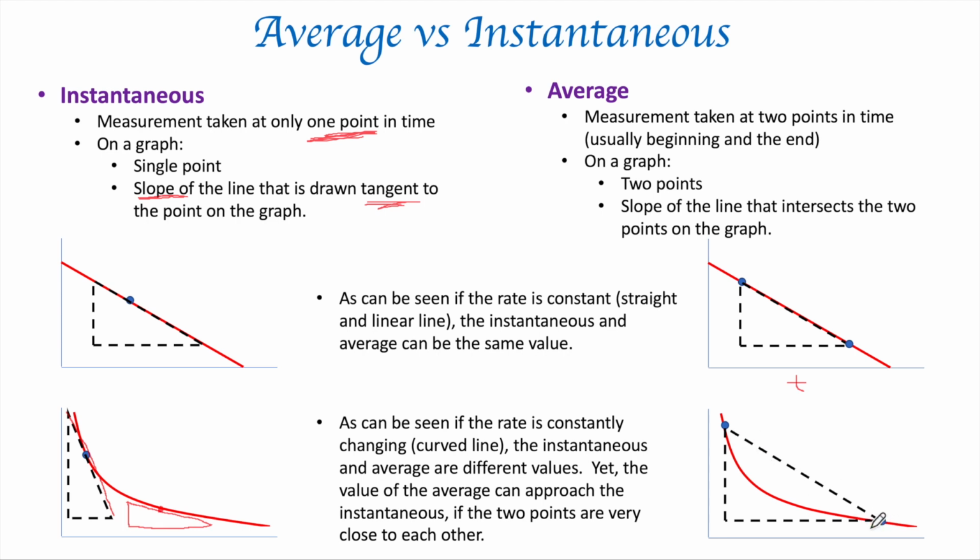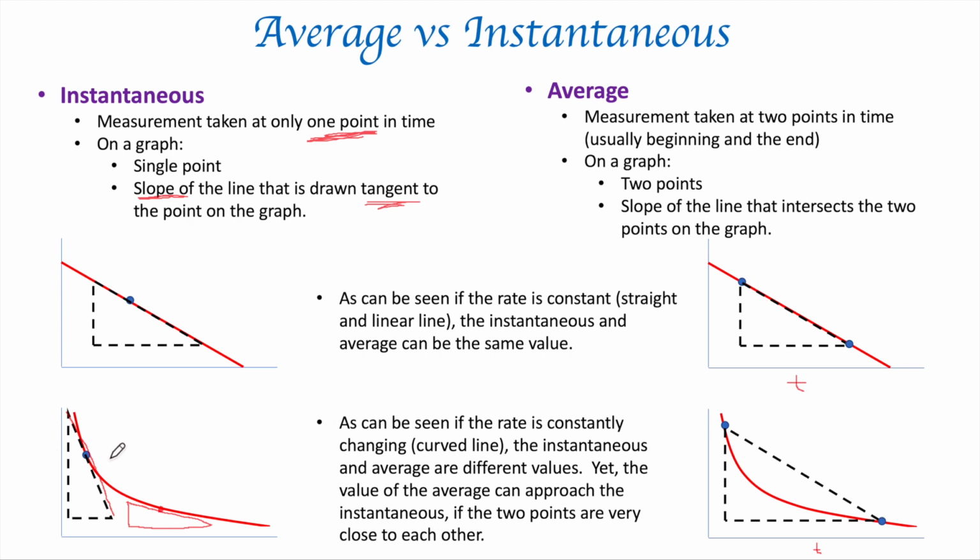Again, you just draw a line from those 2 points, and you measure the rise versus the run. Again, if I'm measuring time down here, it does not take into account all the different variations of my speed along this path here. It's only looking at the beginning and end.